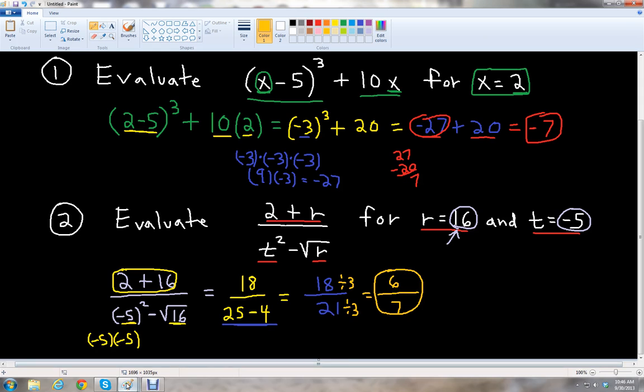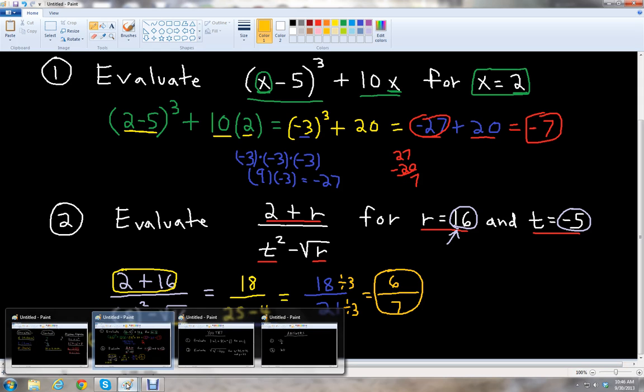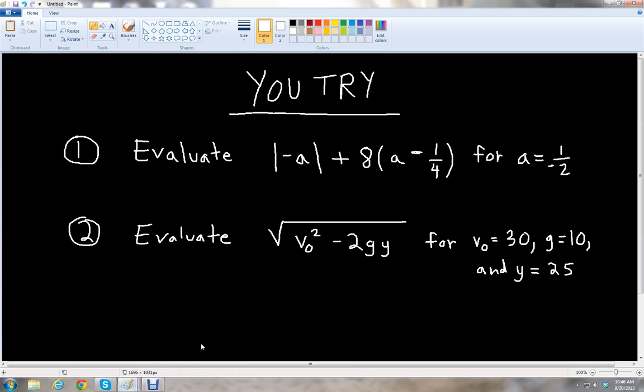Okay, so now we're going to do some problems you can try on your own. Here are the two problems. The first one says to evaluate the absolute value of negative a plus 8 times the quantity a minus 1/4, for a equals negative 1/2. So be careful with your signs when you plug in.